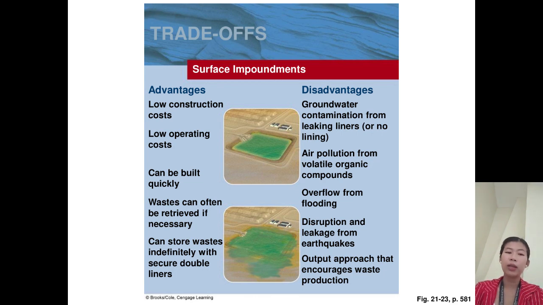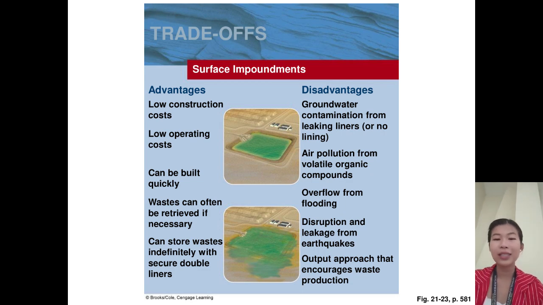It may also be lined with man-made materials, and is designed to hold an accumulation of liquids. For the advantages of surface impoundments: it is low construction cost, low operating cost. Third, it can be built quickly. Fourth, waste can often be retrieved if necessary. And lastly, it can store waste indefinitely with secure double liners.